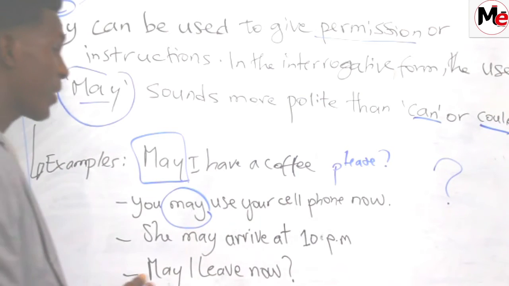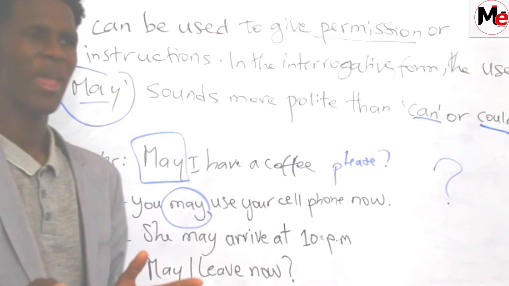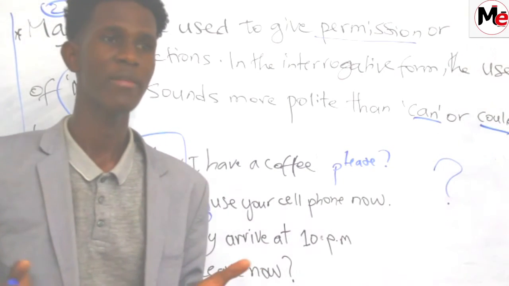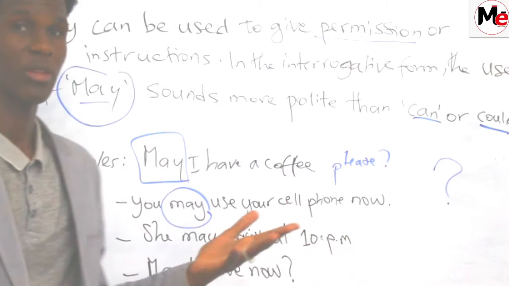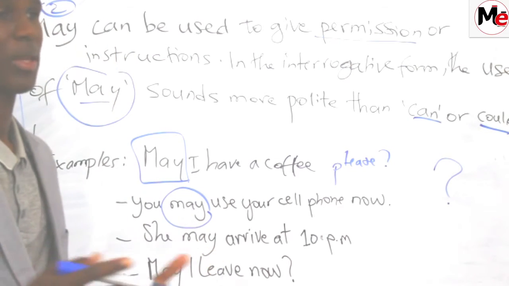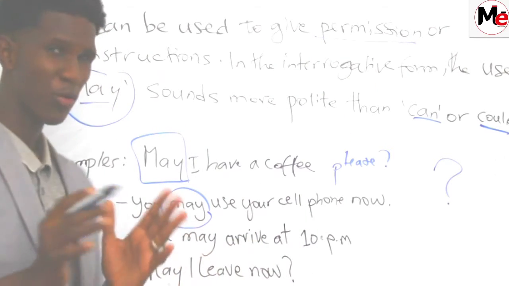She may arrive at 10 p.m. So this is a permission. Because, hello, Mr. Director, I have a cousin, she wants to come in here. And then the director can say she may arrive at 10 p.m. This is a permission. This can seem confusing.